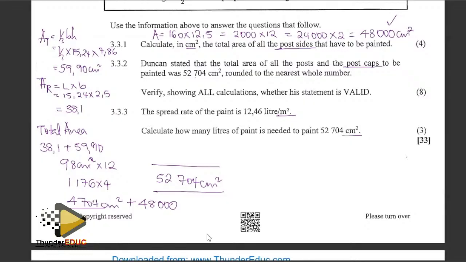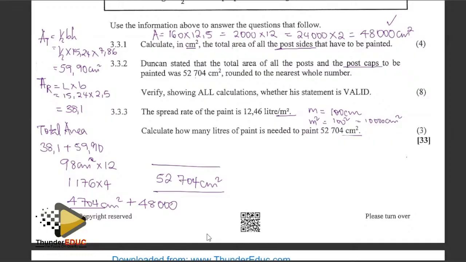So we need to change to meter squared, because if you have a meter, you have 100 centimeters. What about if you have a square meter? You have 100 squared, which is approximately 10,000 centimeters squared. You understand?